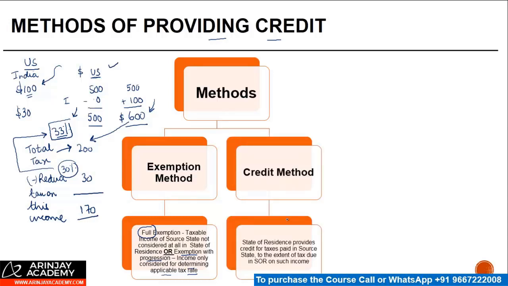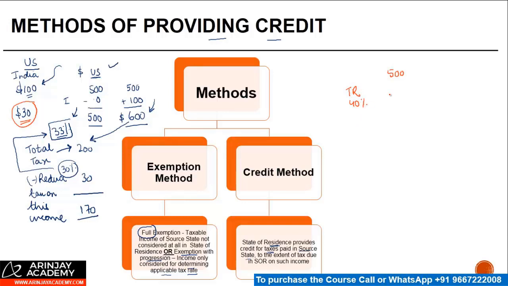In case of the credit method, the state of residence provides credit for taxes paid in the source state. So continuing with this very example, the taxes which were paid in India were $30. Now let's say for example on this $500, the tax rate in the US were 40%.